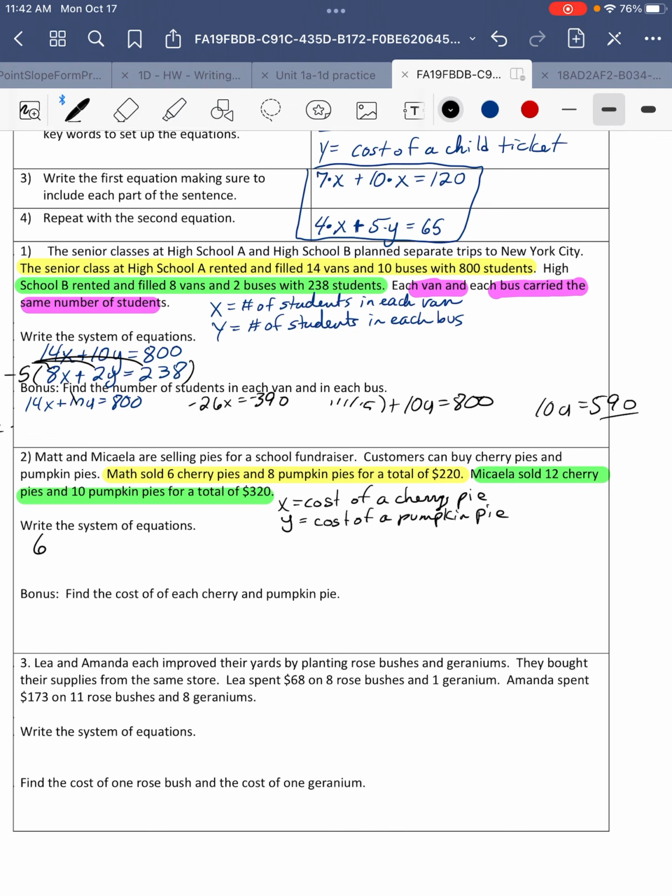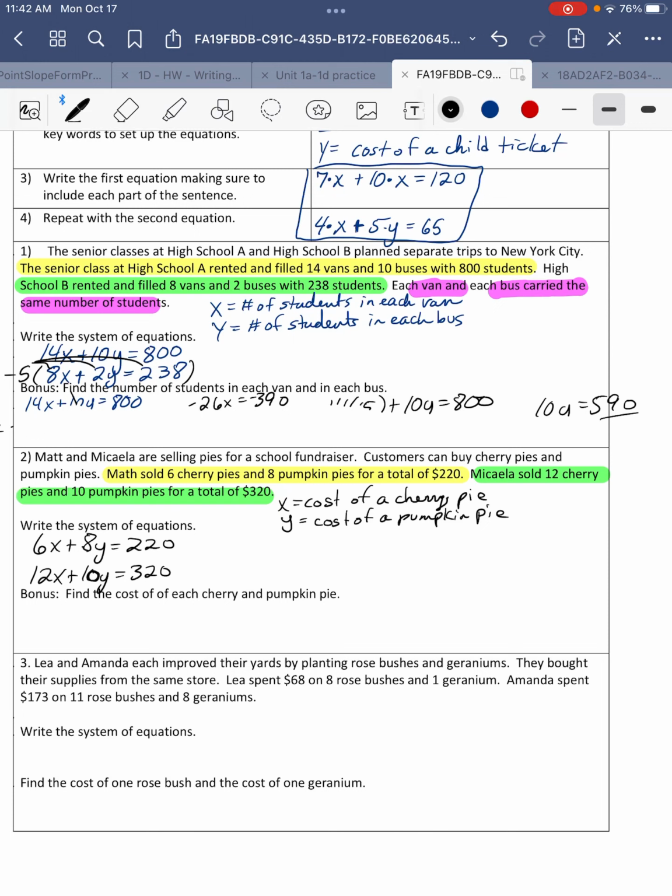So for Matt, the first equation is going to be 6x plus 8y equals $220. Next one is 12x plus 10y equals $320. Find the cost of each cherry or pumpkin pie.